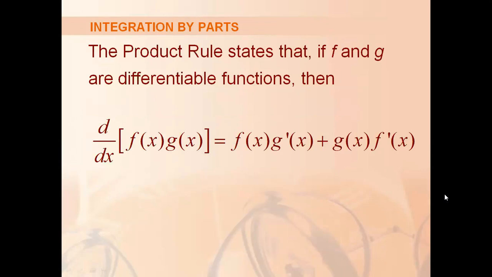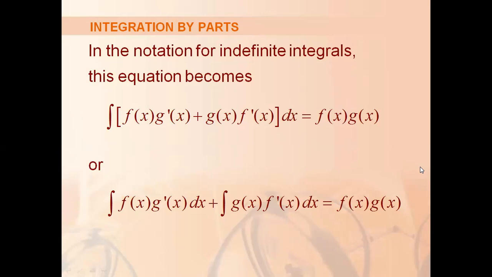The product rule of differentiation says: first function into differentiation of second function plus second function into differentiation of first function. This was the product rule of differentiation we studied in our previous lecture. Using that rule, we can find integration by parts easily.